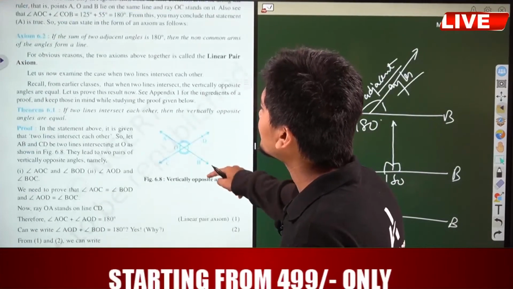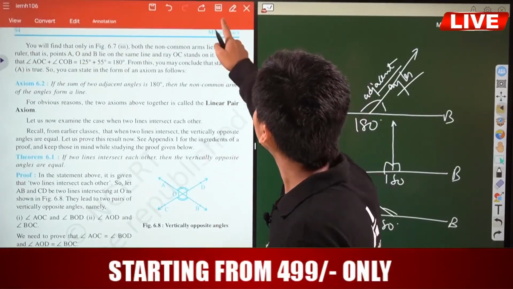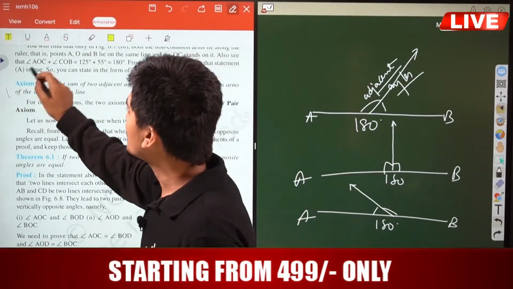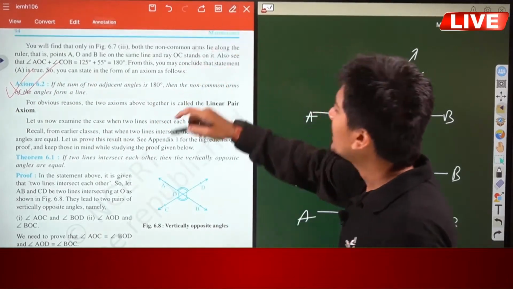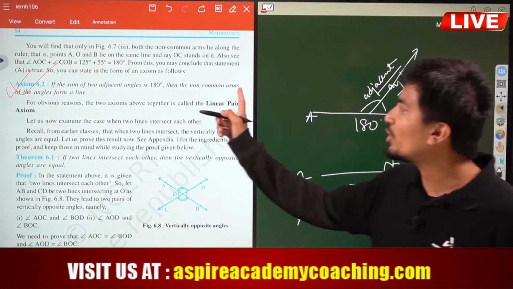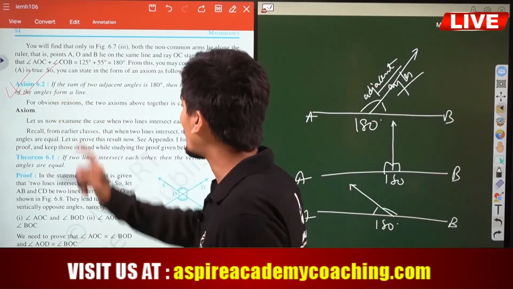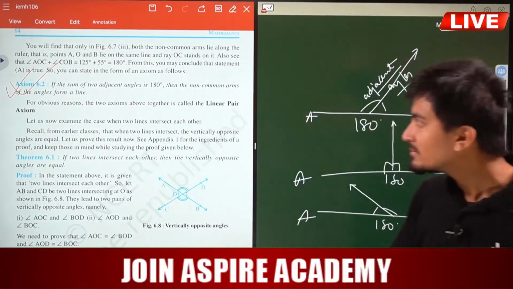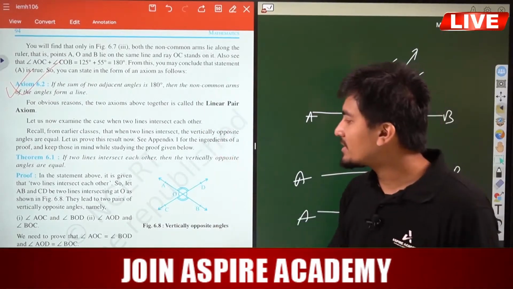Next, axiom 6.2. If the sum of two adjacent angles is 180 degrees, then the non-common arms of the angles form a line.